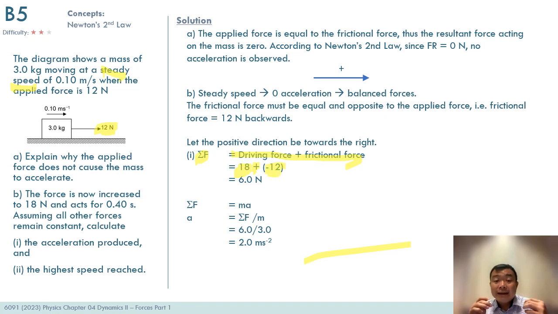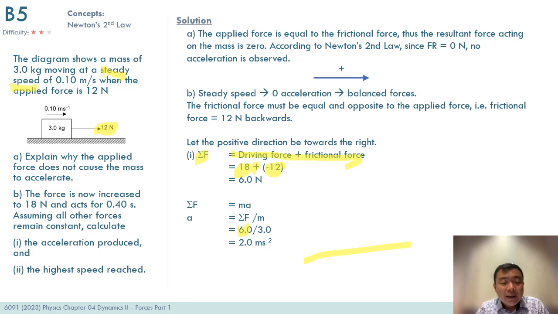Frictional force is negative 12, negative because frictional force is acting towards the left, and towards the left we represent with a negative vector, so the frictional force is negative 12 newtons. So we got a resultant force of 6 Newton, and plugging the 6 Newton into the second law equation, I can then figure out what is the acceleration.